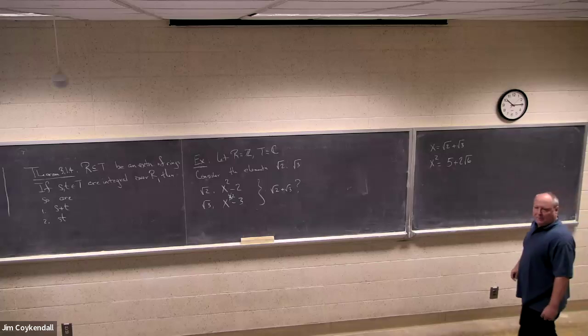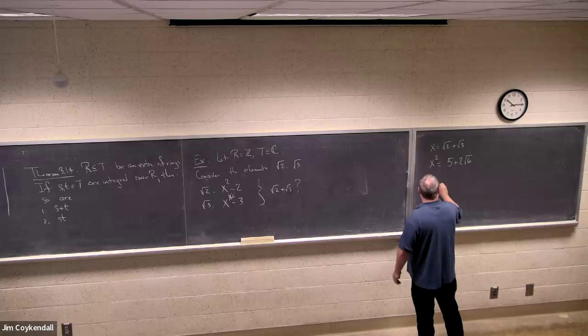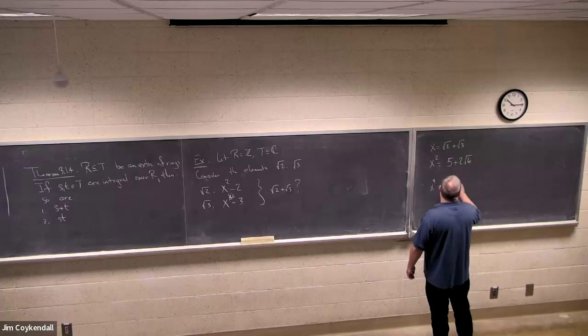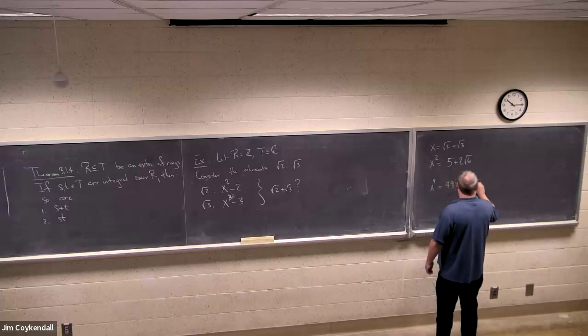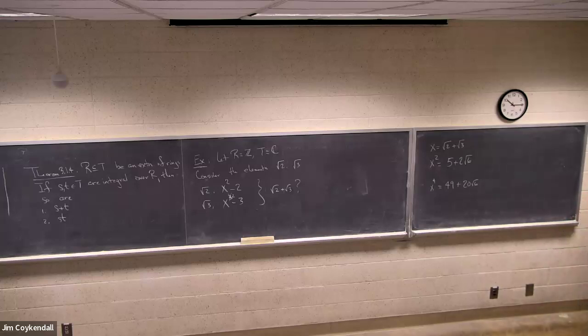And I'm going to give the cube a miss because I see something here. If I look at x^4, that's going to be 49 plus 20 radical 6, I guess. 25. Yeah.